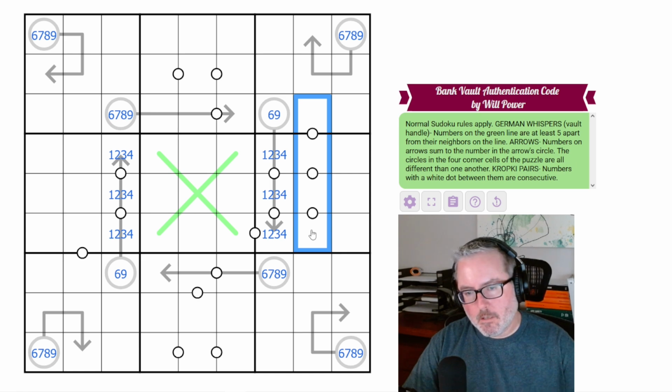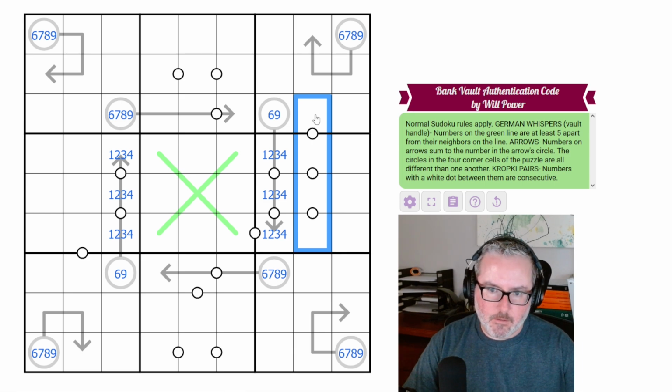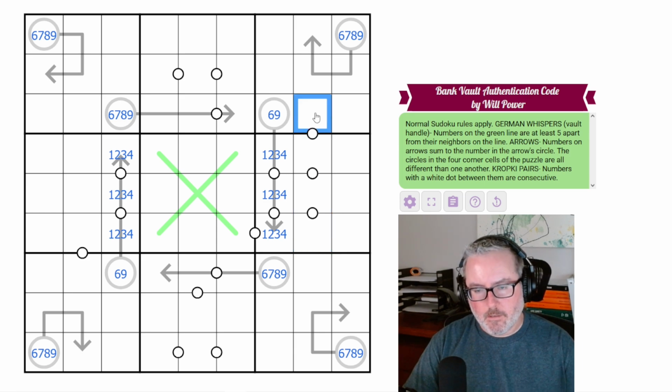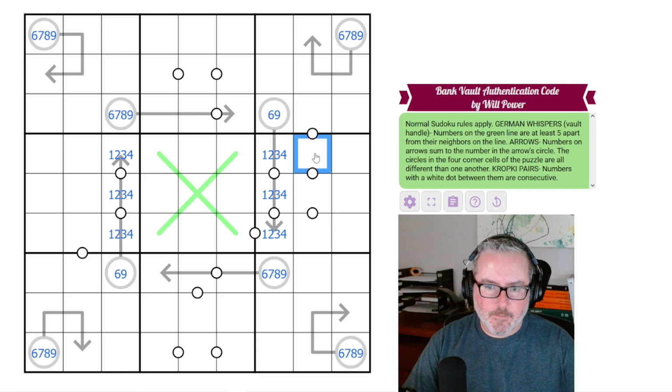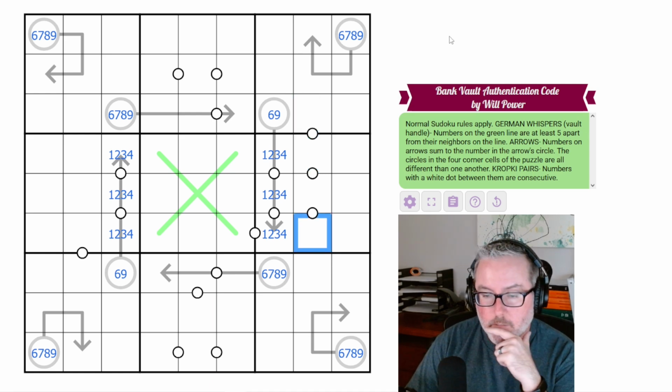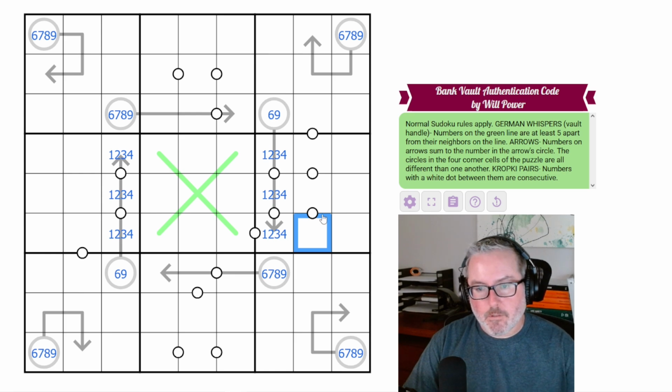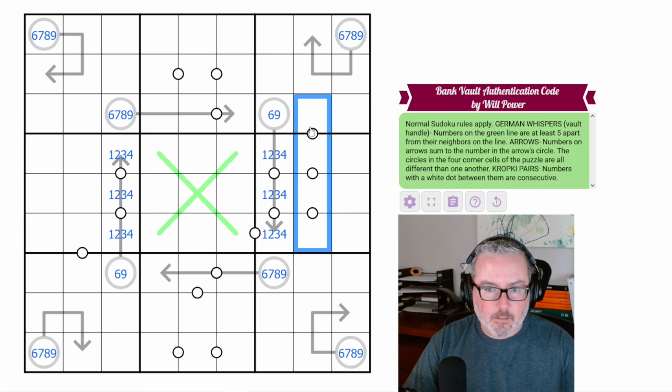It would be possible that there's a 4 in one of these, as long as it was, well, it could be here or here, I guess, because it could go 4, 5, 6, 7, something like that. Or this could be a 4, and there could be a 3 here, 4, 5, 6, along those lines. The other options, of course, 9, 8, 7, 6 would be the high end of what these can be.